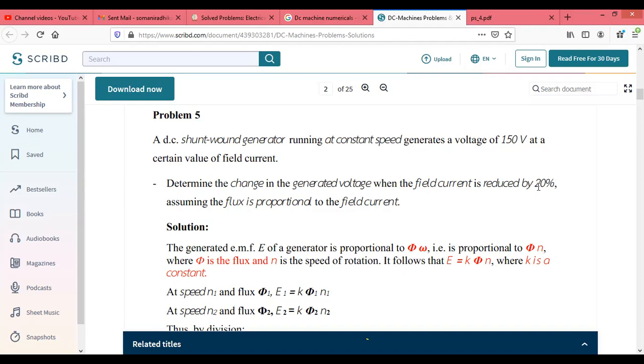Yesterday we have seen we will get E1 upon E2 equal to eta 1 upon eta 2. If we are changing the value of field current, at that time we are supposed to find the change in generated voltage.